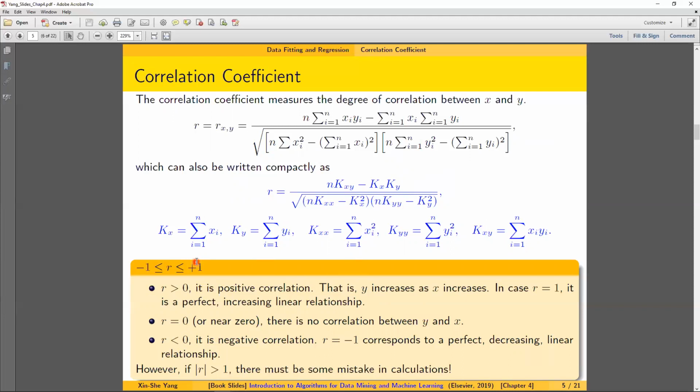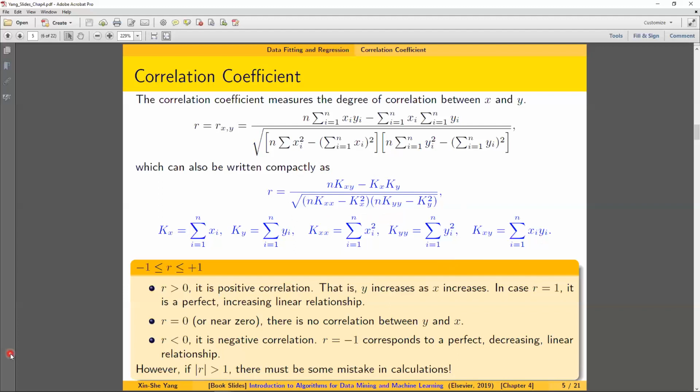Kx is the sum of all of the x, and ky is the summation of all the y. kxx is the summation of all the xi squared, kyy is the summation of all the yi squared, and kxy is the summation of x times y. N times kxy minus kx ky, divided by the square root of n times kxx minus kx squared, times n times kyy minus ky squared. That is our correlation coefficient.